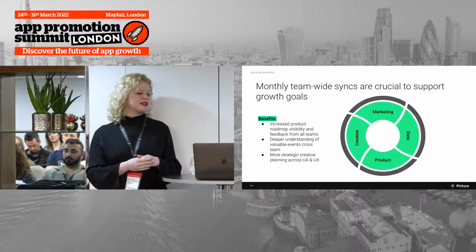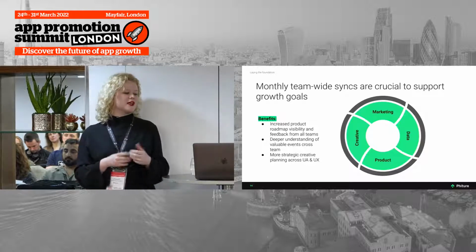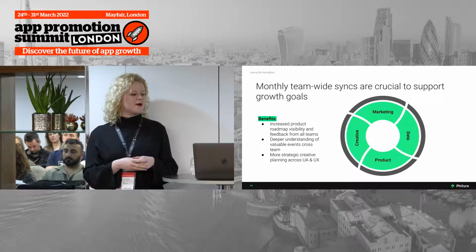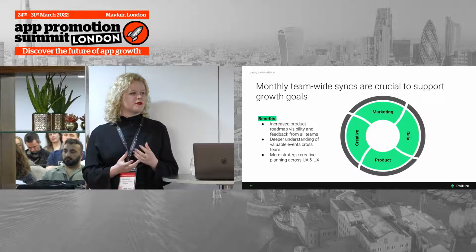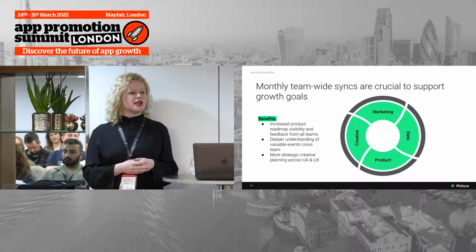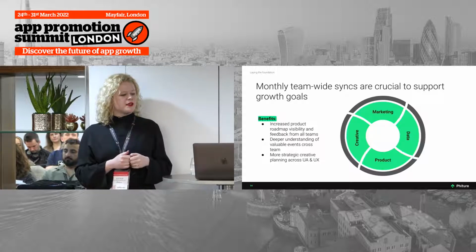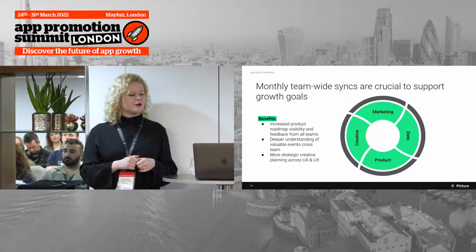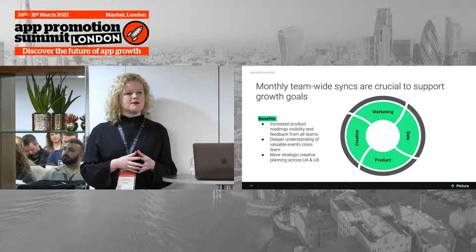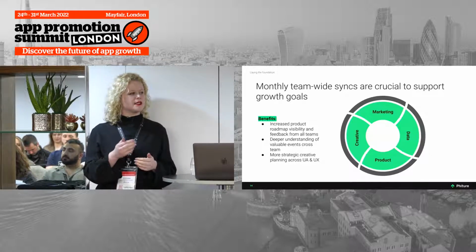The benefits of this would be increased visibility on the product roadmap, and you can get feedback from the different teams in real time, so you can be more reactive to certain problems that you see. You can also gain a deeper understanding of valuable events or metrics that you want to track across the team and across the user lifecycle as well. And you can understand where the other teams are coming from.